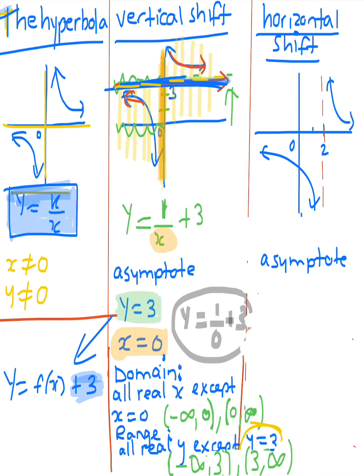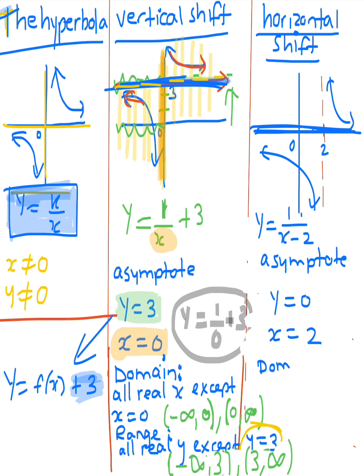So that means your asymptote would be y equals 0, because y equals 0 is the x-axis, and you can see y can't equal 0, and also x equals 2. Your basic equation is y equals 1 over x minus 2. So if it's x minus 2, it's shifted to the right. If it was x plus 2, it would be shifted to the left.